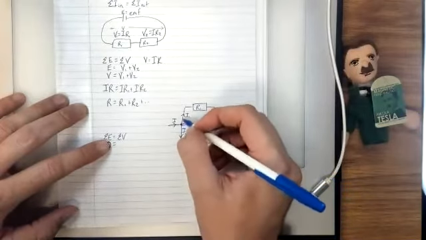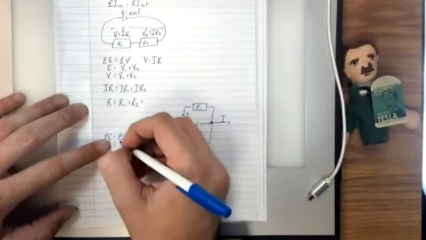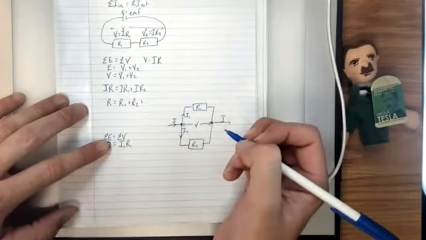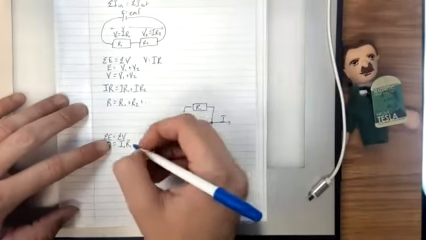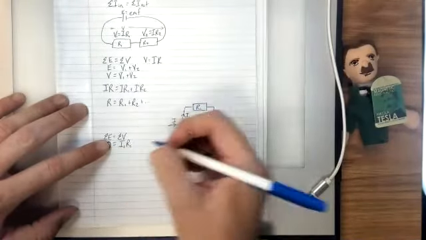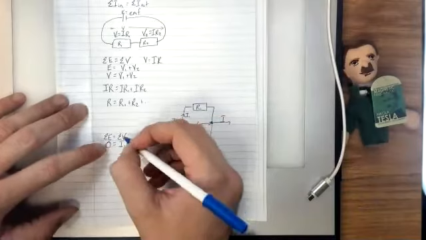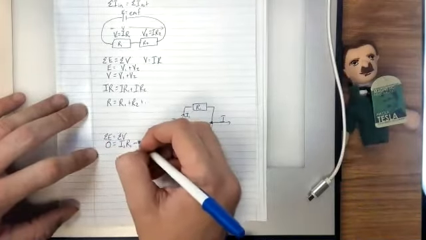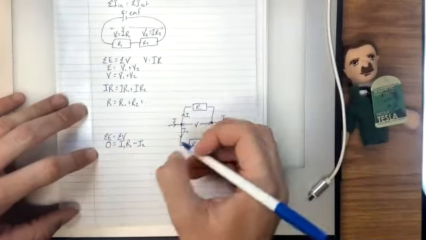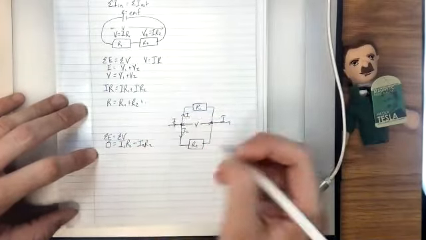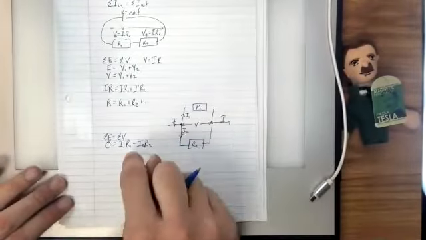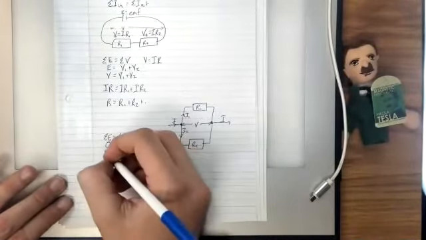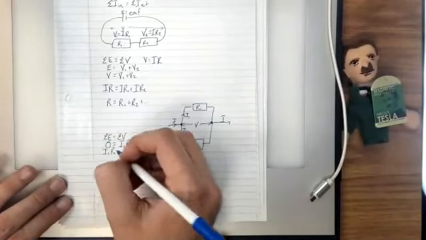And so if this direction is positive, then we'd have I1 R1, the voltage drop across this one. And then we're adding the voltage drop across here. It's the sum of the voltages, but we're actually adding the negative current, because it's going the opposite direction. So I2 R2. And so the difference of these voltages equals 0, and so they must be equal to each other.